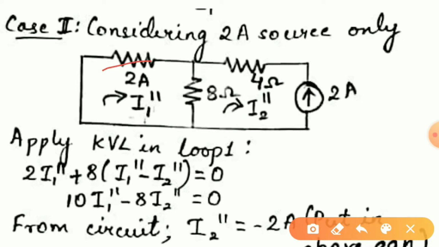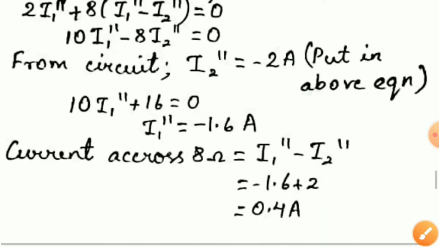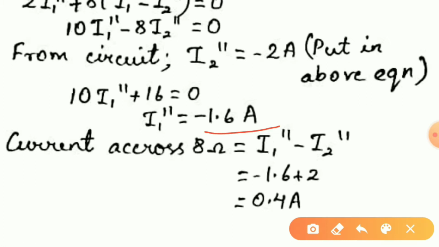Minus is because I1 double dash enters the resistor while I2 double dash enters in the opposite direction of 8 ohm. On solving this equation we get 10 I1 double dash minus 8 I2 double dash is equal to 0. We already know the value of I2 double dash as minus 2. On substituting this value, we get the value of I1 double dash as minus 1.2 ampere.